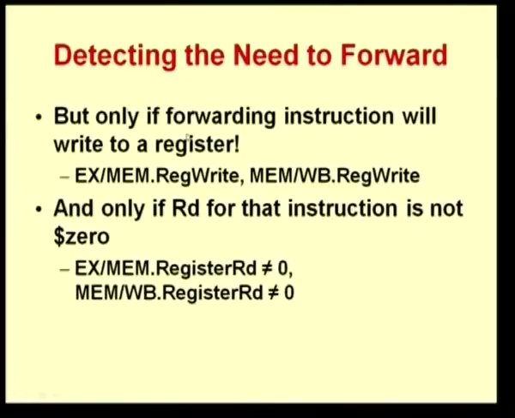There is something more that we need to check when we are doing this forwarding. It is basically the following: only do the forwarding if the forwarding instruction will actually write to a register. If it was not writing to a register, then we really do not have to worry about it, right. So, we check whether the control signal called register write is present in that EX/MEM stage, or similarly in the MEM/WB stage.